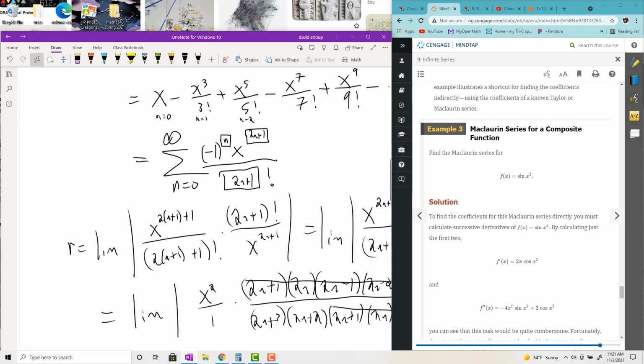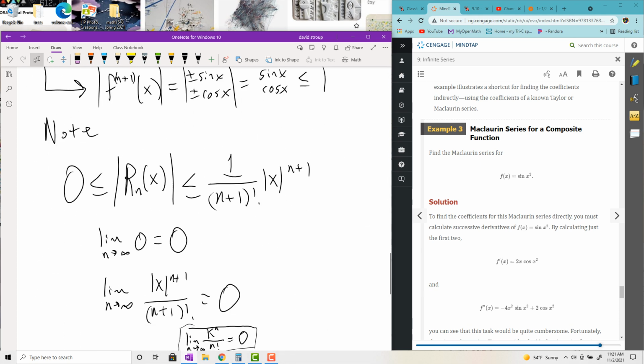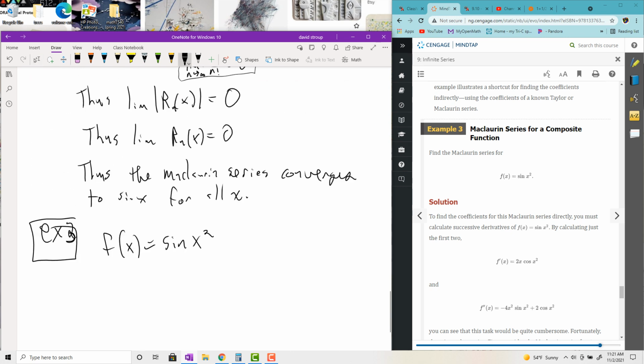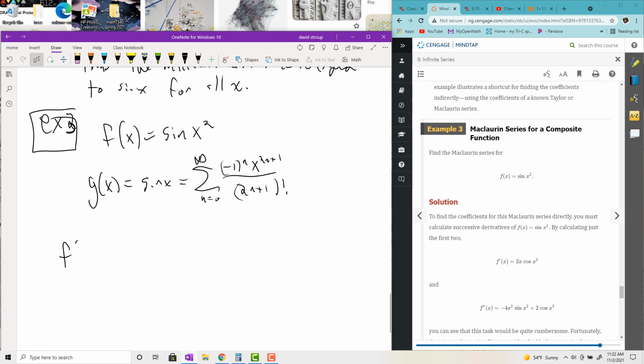But what they're saying now is, now that we have this formula for the power series representation of sine of x, let's say g of x equals sine of x, and that representation is the series (-1) to the n times x to the 2n plus 1 all over 2n plus 1 factorial from n equals 0 to infinity. In order to get f of x, all you need to do is plug x squared into this.